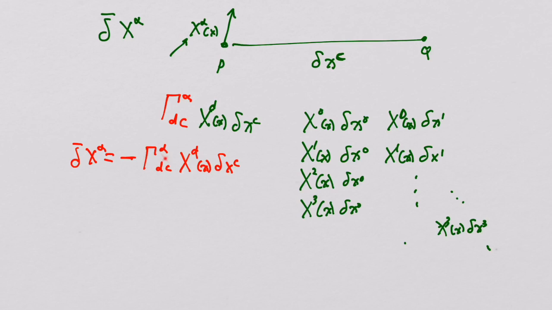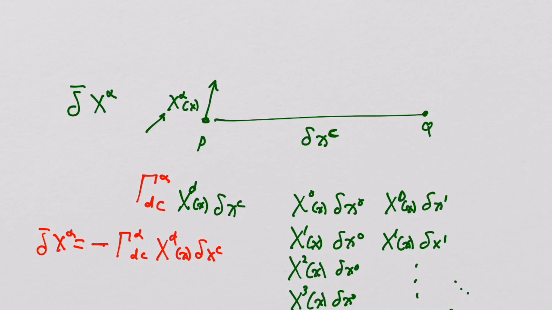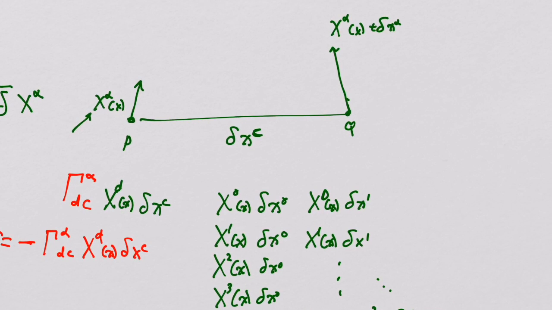And inside these coefficients are these magic things that take the original vector and the displacement, and it produces, over here, another vector, which is ultimately going to have components of x^alpha(x + delta x), which we'll now write as x^alpha(x) minus gamma^alpha_bc x^b(x) delta x^c, like that.